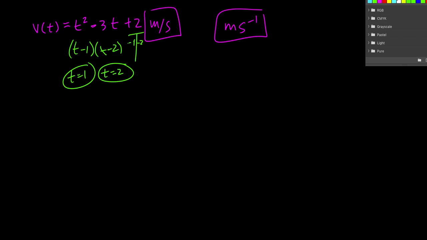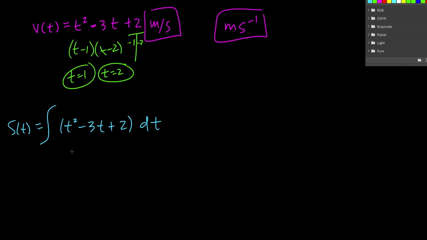Now part B says, hence find the distance P travels in the first 4 seconds of motion. What we're going to do now is look at the antiderivative of this, because that's going to give us our position function or displacement function.